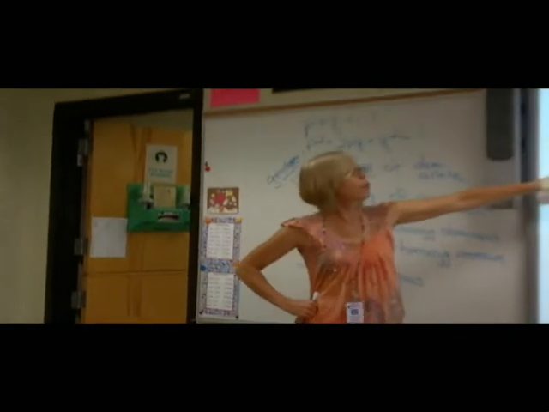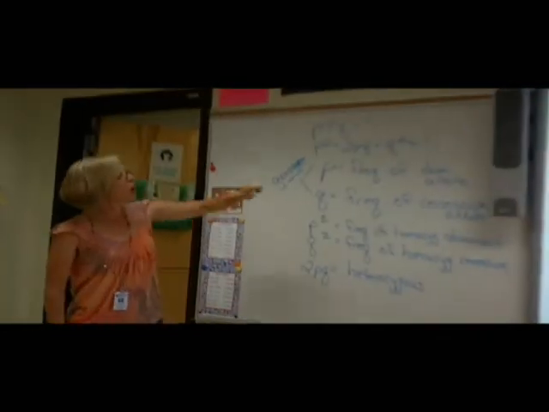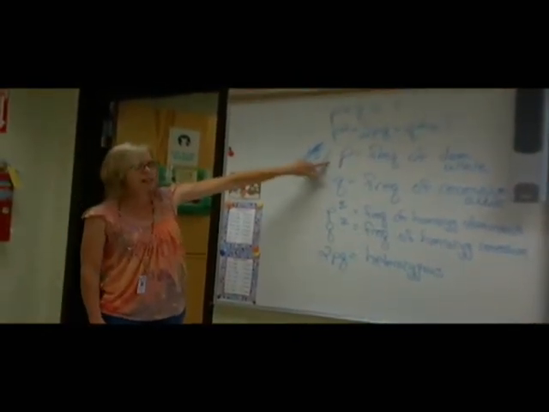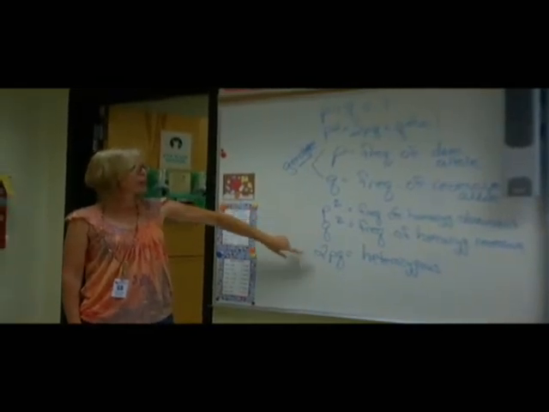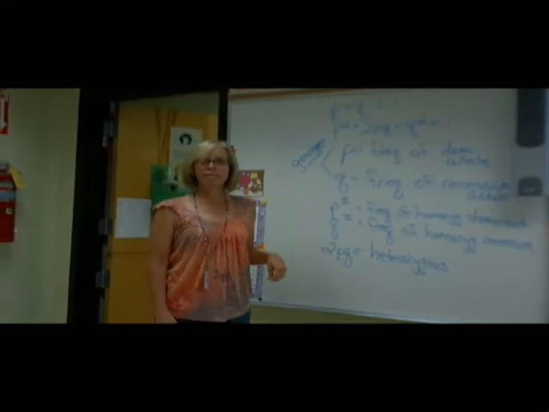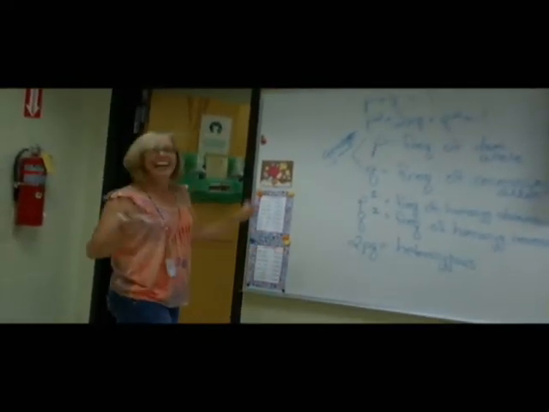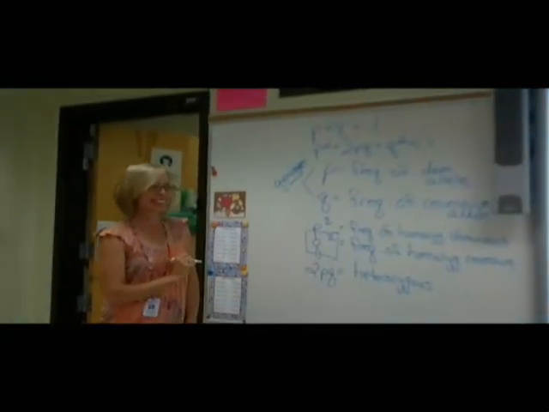Okay, we know we have 84 black cats and 16 white cats. We know one of these 5 things. We have been given either P, Q, P squared, Q squared, or 2PQ. What have we been given? I think the Q squared. Yes, we have been given Q squared.